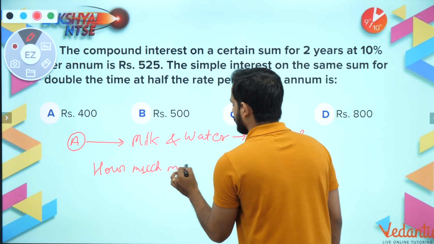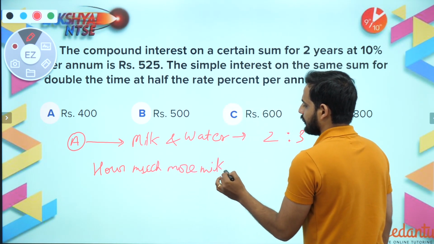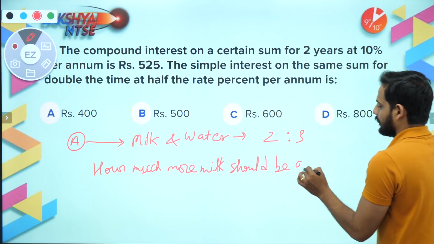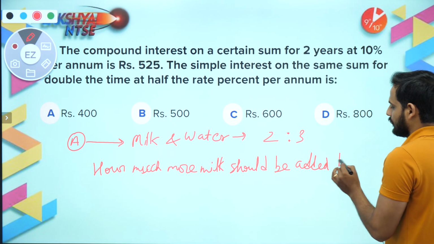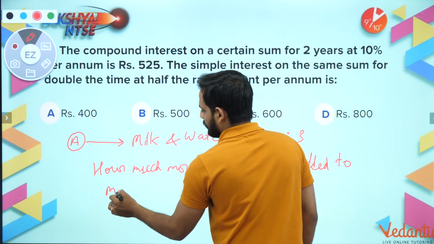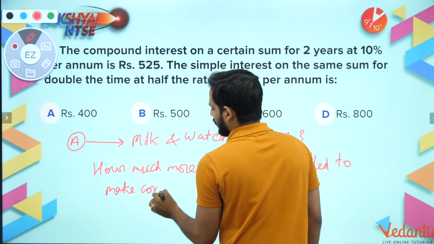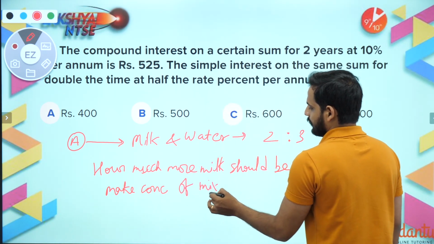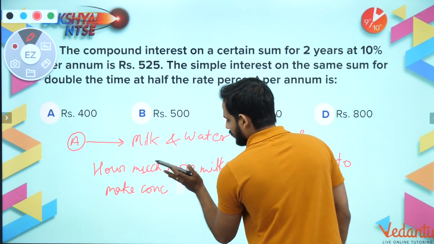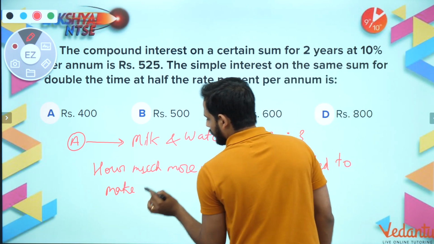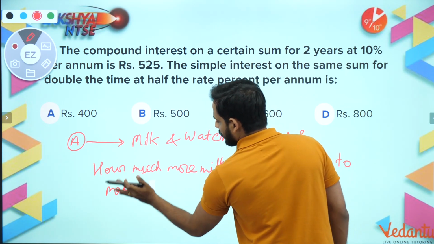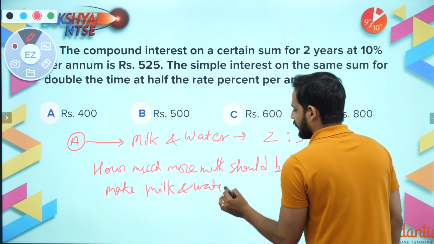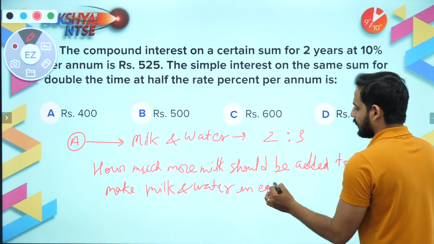How much more milk should be added to make the concentration of the mixture, to make milk and water in equal proportions.